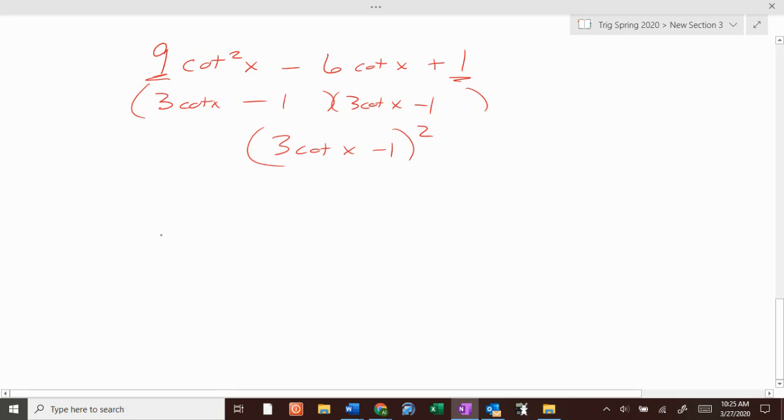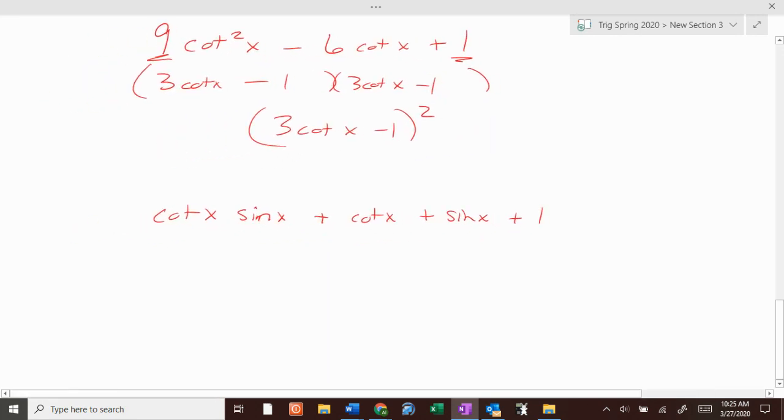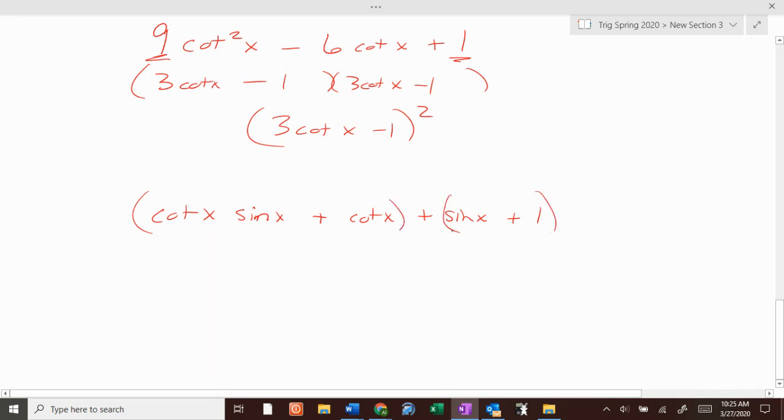Factoring by grouping. If we have cotangent of x sine of x plus cotangent of x plus sine of x plus 1. If there's 4 terms, we do factoring by grouping. Group the first 2, group the last 2. Greatest common factor of the first 2 is cotangent of x, and we get sine of x plus 1.